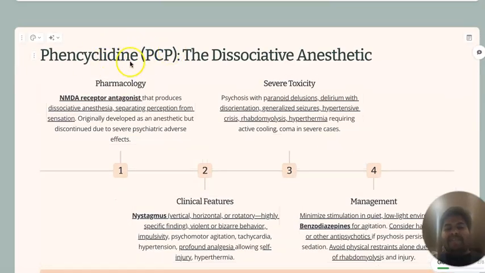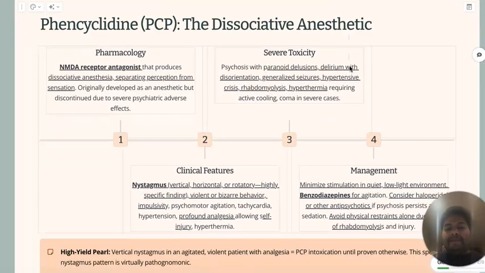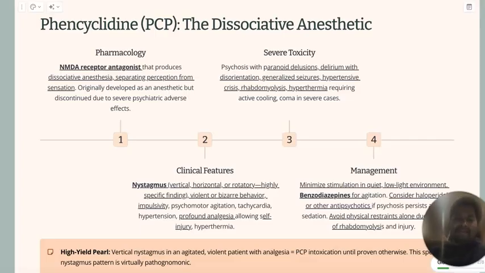Now we'll like to talk about PCP. This is called phencyclidine. It causes dissociative anesthesia, okay, anesthetic effect, okay. So the pharmacology of phencyclidine, that's PCP, is that it is an NMDA receptor antagonist.